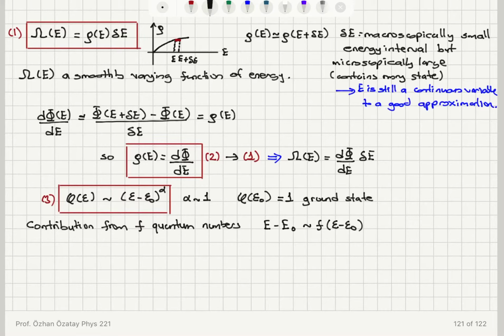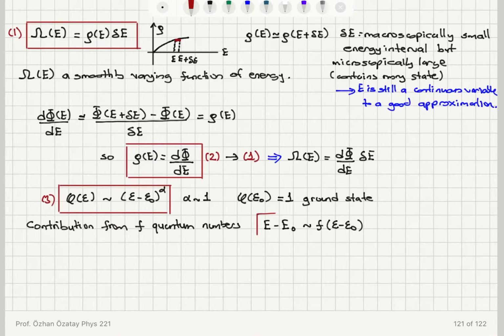So epsilon minus epsilon 0 is the additional energy provided by each quantum number, and I multiply it by the total number of quantum numbers, that is the number of degrees of freedom F. I get the total energy difference between E and the ground state energy E0.